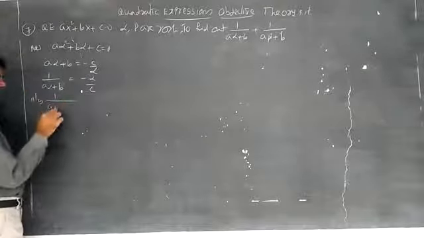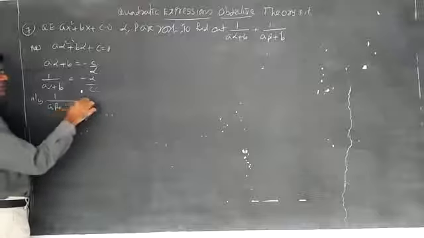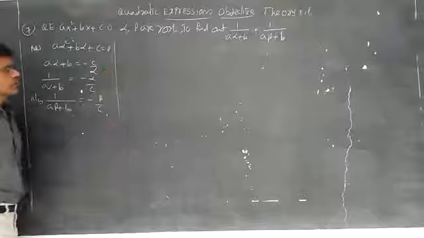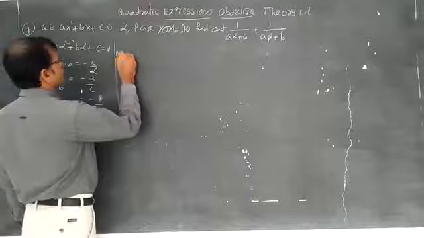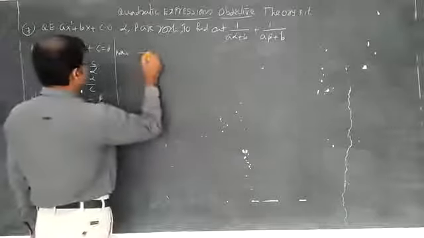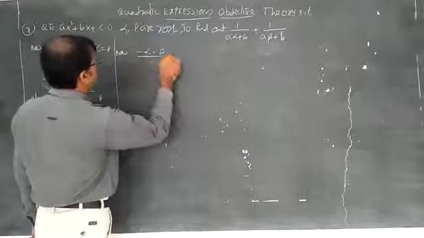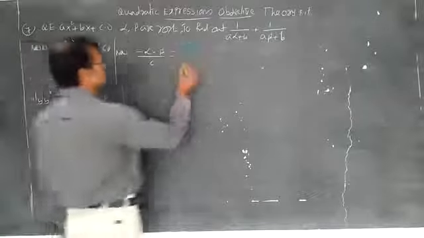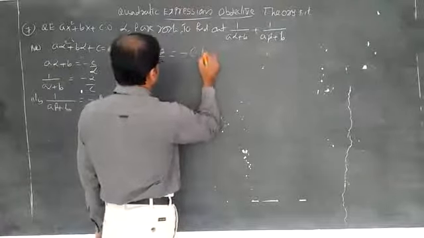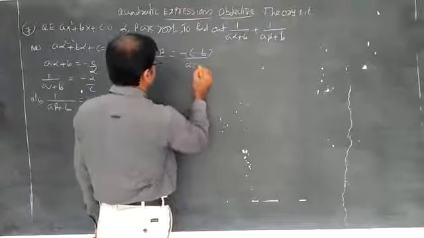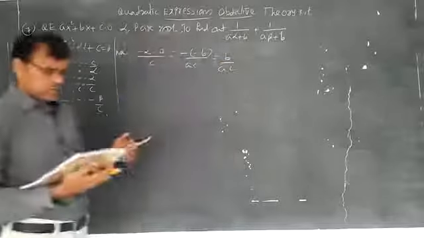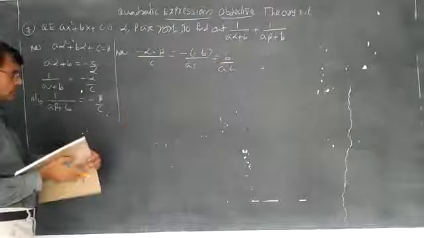Similarly, 1 by (a beta plus b), because beta is also a root, is minus beta by c. Now to find this, substitute here: minus alpha minus beta, 1 by c. Minus of alpha plus beta; alpha plus beta becomes minus b by a. So minus of minus b by a, so b by ac is the correct answer. Second option.